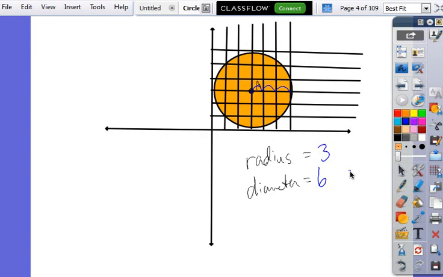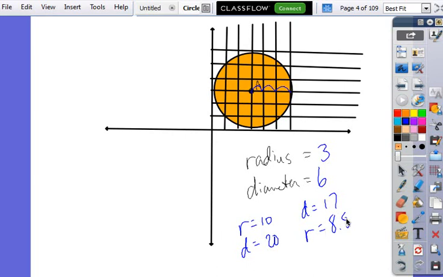So if I said the radius is 10, diameter is 20. If I said the diameter is 17, the radius is 8.5. So if you have the radius, multiply by 2. If you have the diameter, divide by 2.